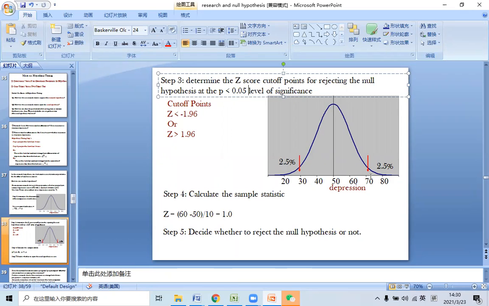And that means what percentage you get from the mean to the z-score: 50 minus 2.5, 47.5. You want 47.5% from the mean to this particular z-score.